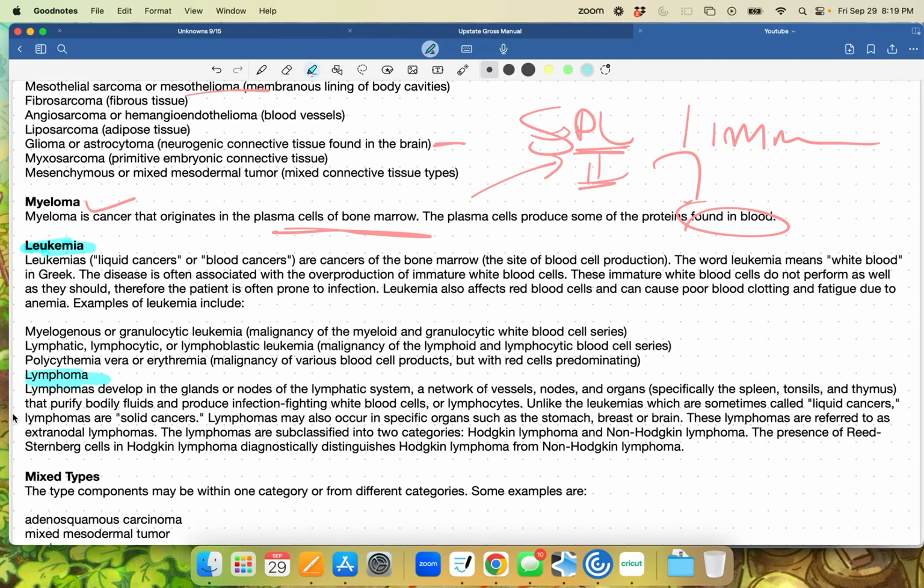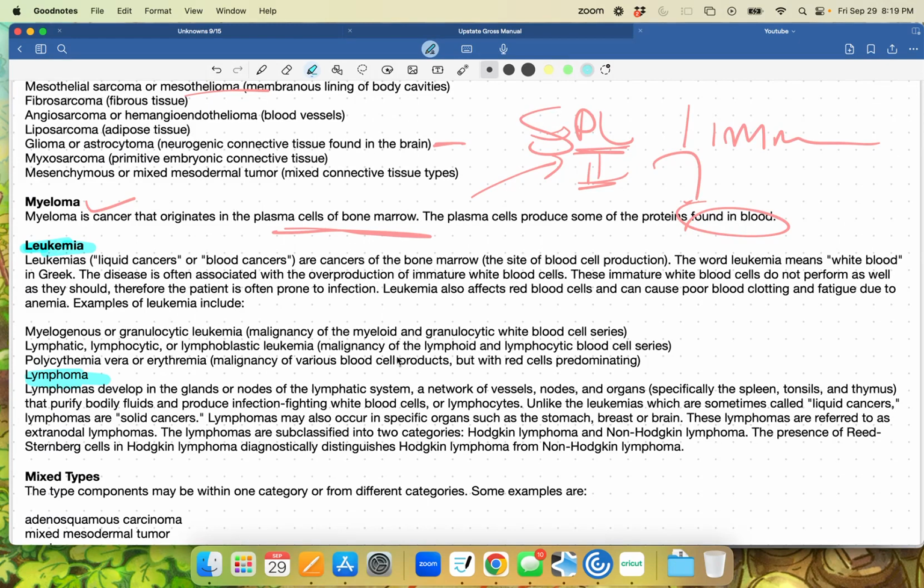But the easiest way to remember it is, leukemia, you think of a liquid tumor, and lymphoma, you think of a solid tumor. So leukemias are associated with the bone marrow and bloodstream, and lymphomas are solid cancers associated with things like lymph nodes, the spleen, tonsils, thymus.